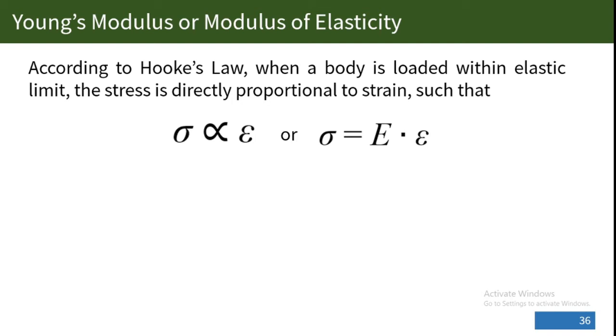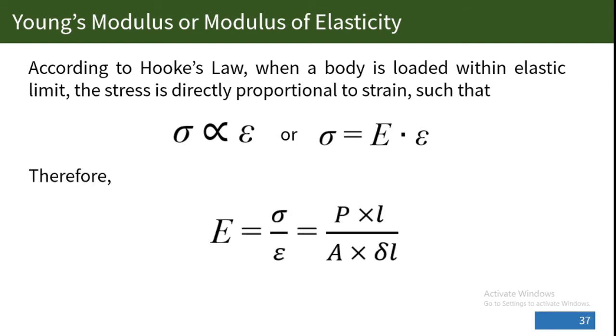By this proportionality equation, we are introducing a new variable, a constant of proportionality. So what is this constant of proportionality? The constant of proportionality from Hooke's law is what we call the Young's modulus or modulus of elasticity.